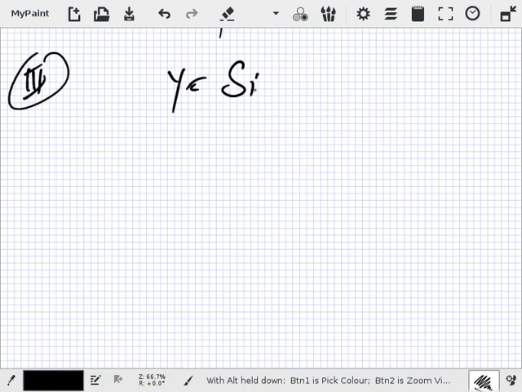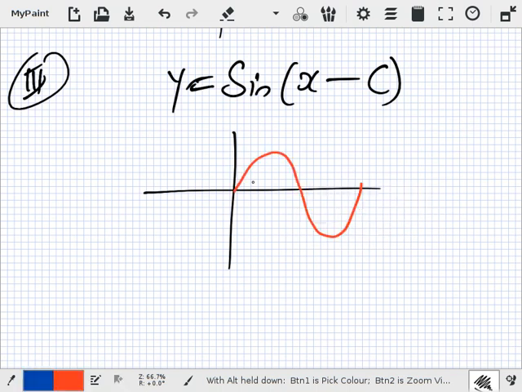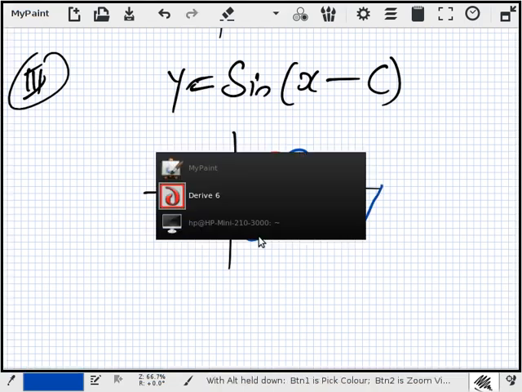If you have, let's say, minus here, does anybody know what happens to this guy? Move to the left by how much? C degrees. Yeah. No. Move to the right. Yes, move to the right. Moves to the right by C. So I'll show you.